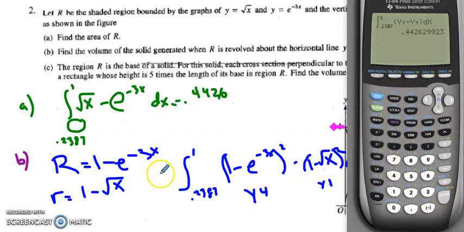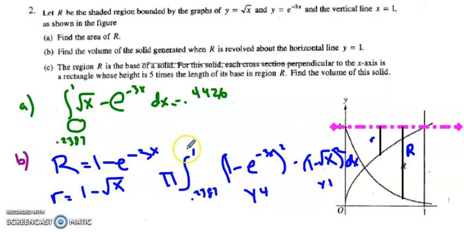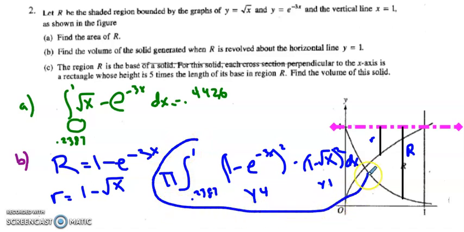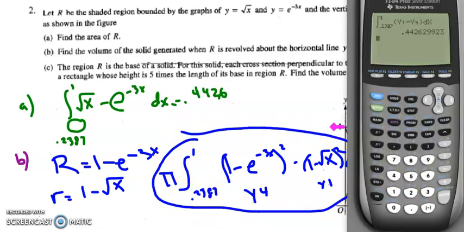I'm going to start, by the way, I didn't put in my pi here. This is a volume by revolution, so I do need my pi. This is my whole equation. So I'm going to start with a pi, and then I'm going to multiply by, and I'm going to go to alpha f2, choice 4 for the integral. 0.2387 is my lower limit. 1 is my upper limit.